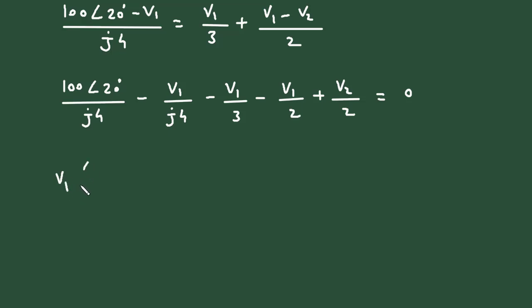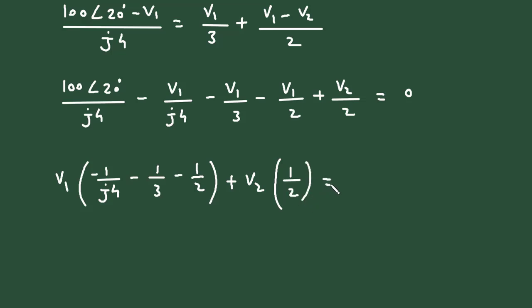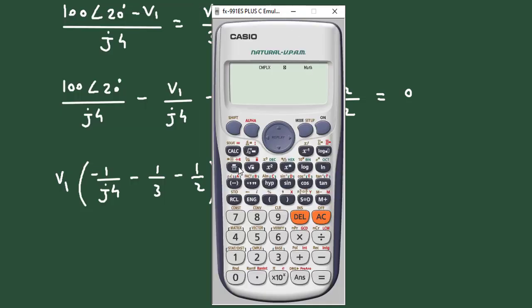So V1 in bracket minus 1 upon j4, then minus 1 upon 3, then minus 1 upon 2, plus V2 in bracket 1 by 2 is equal to, now let's simplify this, 100 at an angle 20 degree divided by j into 4.